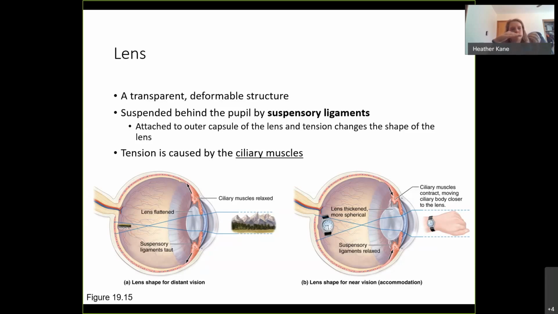As those ciliary muscles become more contracted, then they're going to move closer, and then that dome shape is going to be more likely, or going to be clearer. Does that make sense? It's kind of confusing because it's easy to think about the ciliary muscles being relaxed, meaning that they are closer to the lens.